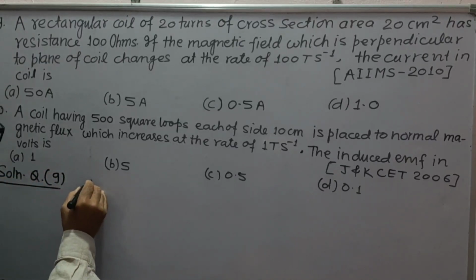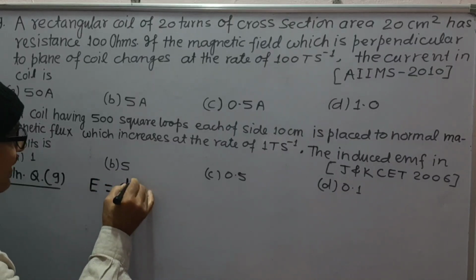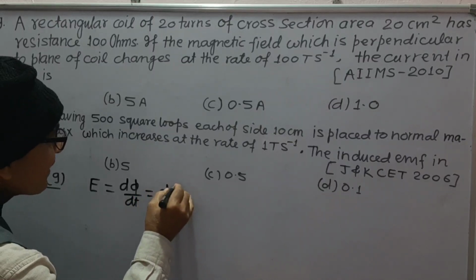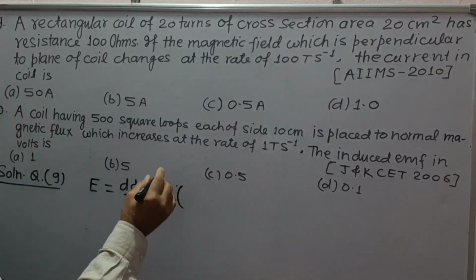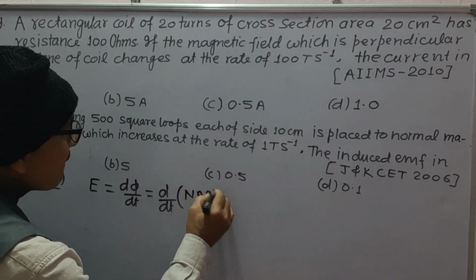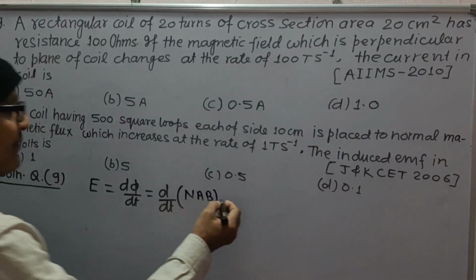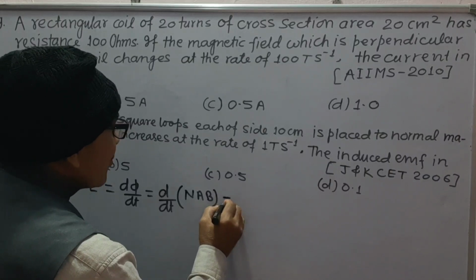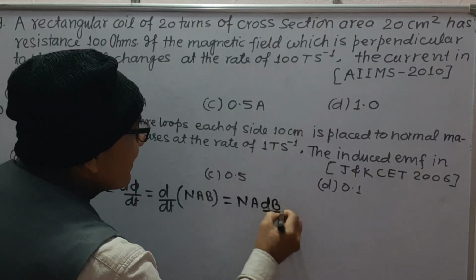Here back EMF E is equal to d phi upon dt, which is d upon dt, phi is n a b. So it is d upon dt n a b. N and a are constant, so this becomes n a dB by dt.